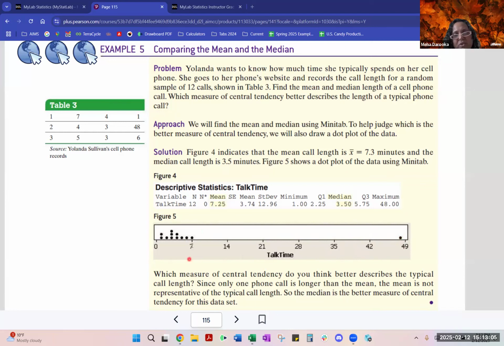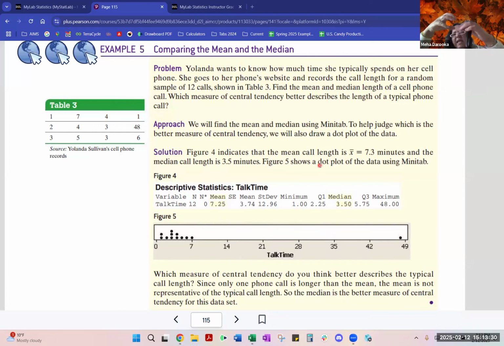So 7.25 is obviously going to be somewhere after that dot for 7, somewhere next to it. So that mean does not even seem like it should be the mean, because most of your data is here. But that's what happens with the mean, guys, because remember, we take all the data values, add them together, and then divide by how many total data values we have.